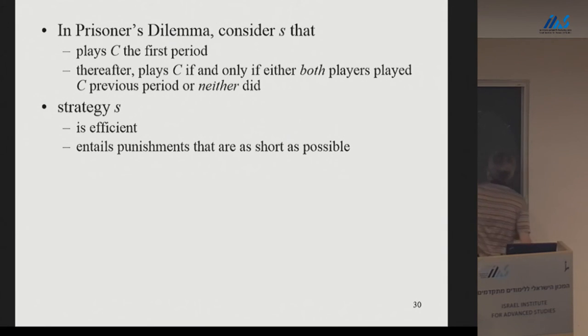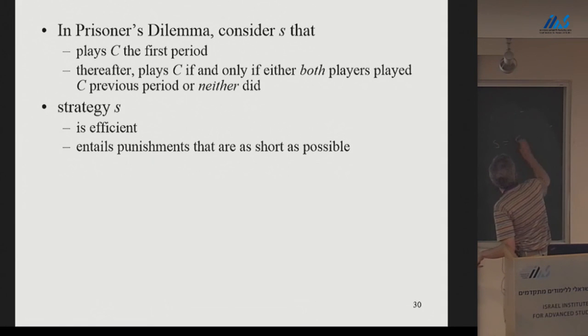And for the particular payoffs that I've been looking at in the prisoner's dilemma, the 2-2-0-0, 3-1 payoffs, here is a strategy which is evolutionarily stable for R and P close to 0.